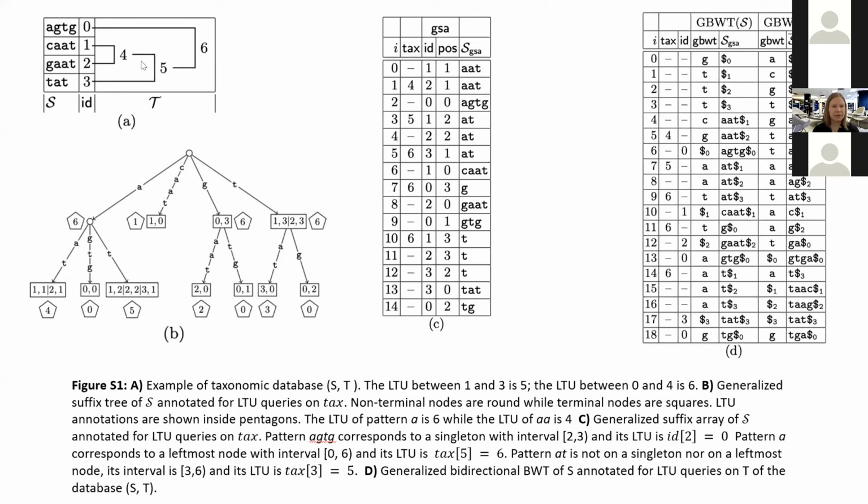And here connecting all the possible strings in our database, and associated with this suffix tree, these labels then indicate the label in our functional hierarchy. So conceptually, when you traverse the tree for each substring, let's say AA here, you can find the lowest taxonomic unit is 4 in this case. And finally, we explain in the paper how this is done for generalized bidirectional Burrows-Wheeler transform.